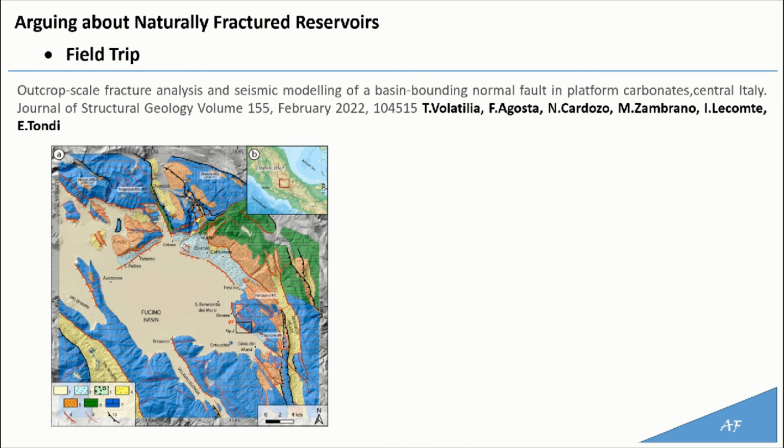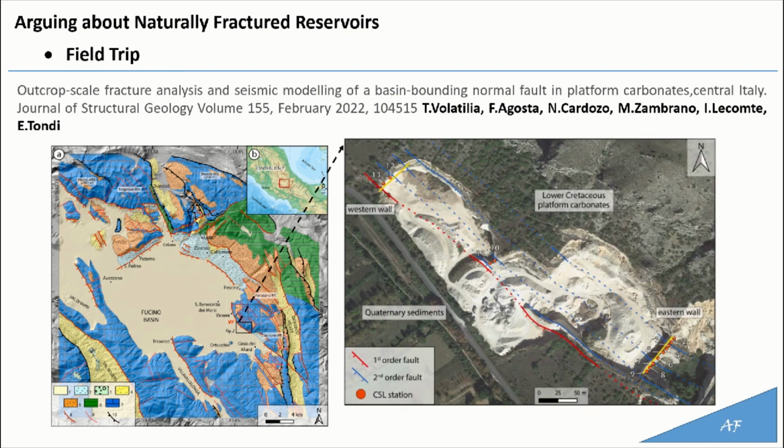The work investigates the footwall damage zone of this seismic scale normal fault, characterized by a throw of about 300 meters. A significant portion of the footwall Venere fault damage zone is well exposed in the Santilli quarry, where the observation has been carried out.